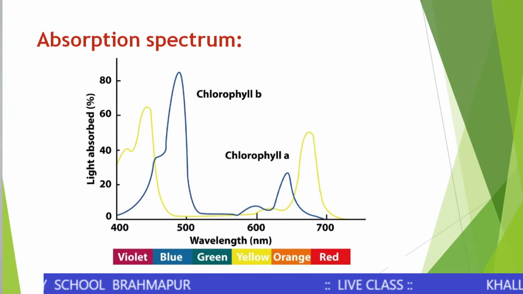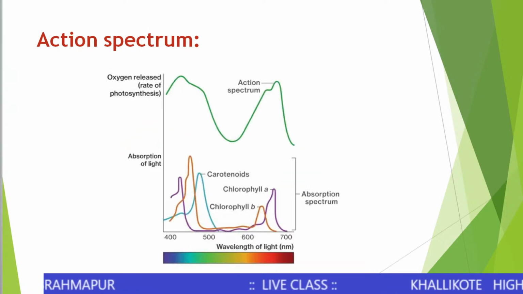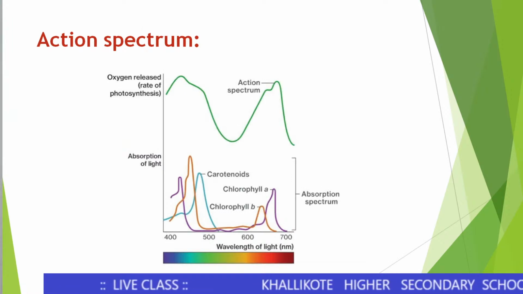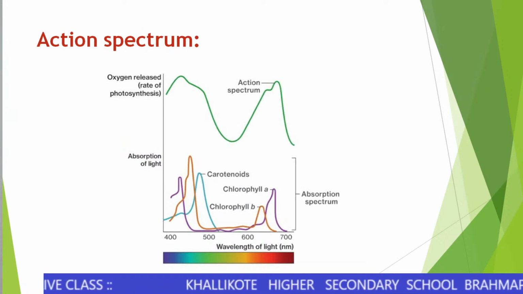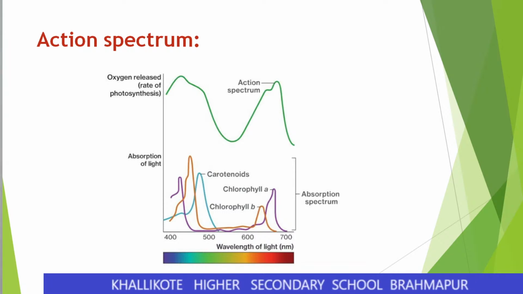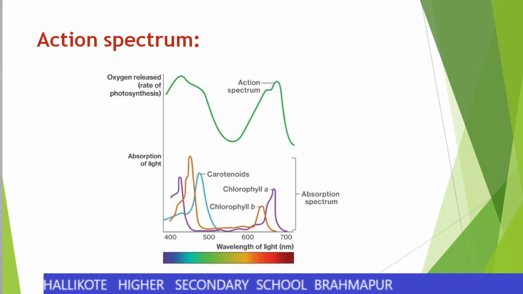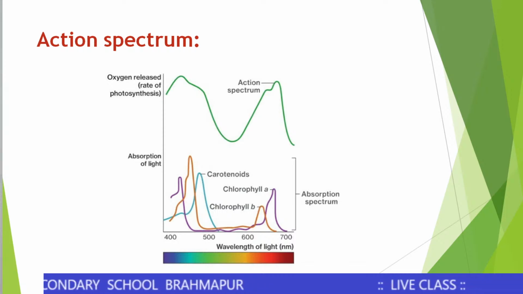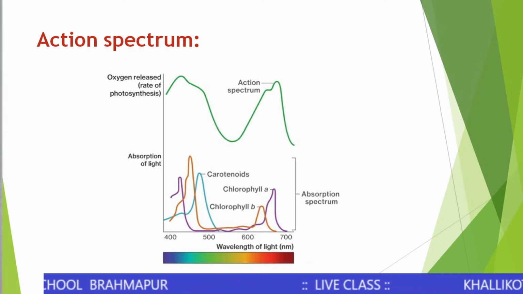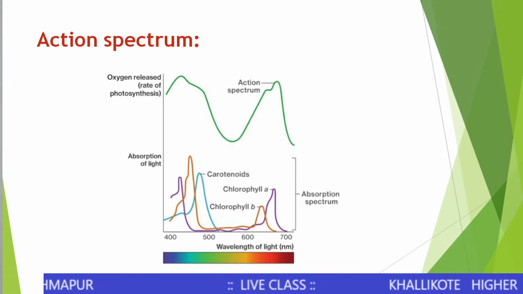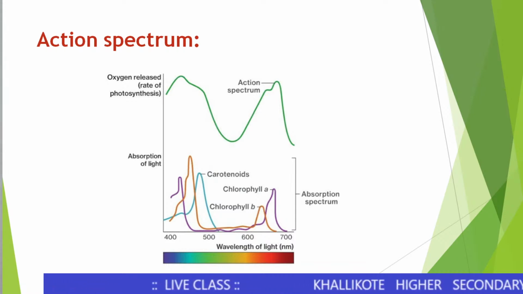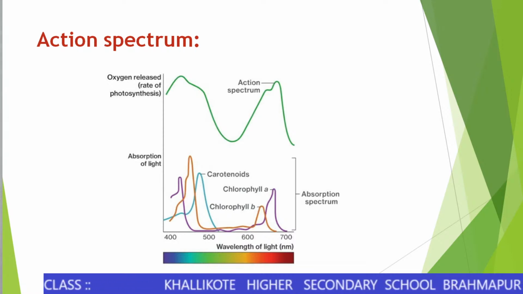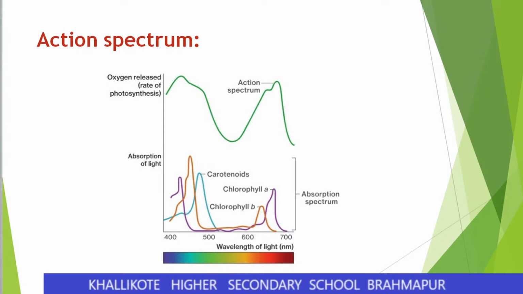Coming to the action spectrum, this is a graph that shows below the absorption of light and the oxygen released, or the rate of photosynthesis, or the quantum yield. Take the graph of the absorption spectrum for chlorophyll A and chlorophyll B, or in general the chlorophyll molecule. In the absorption of light, it shows a peak in the blue region as well as in the red region.